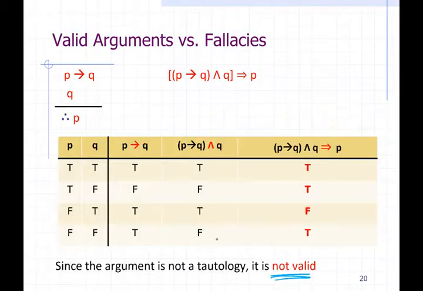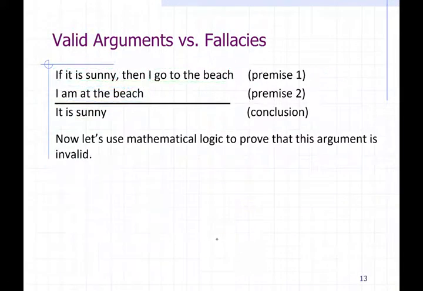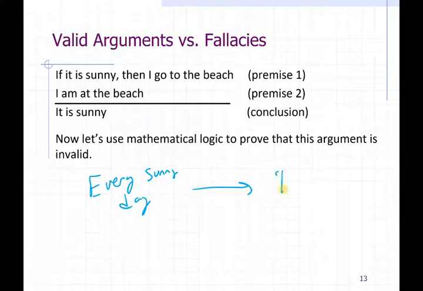Okay, now we'll come back here in a sec. So let's go back to the original argument. If it is sunny, then I go to the beach. That means every sunny day I'm at the beach.